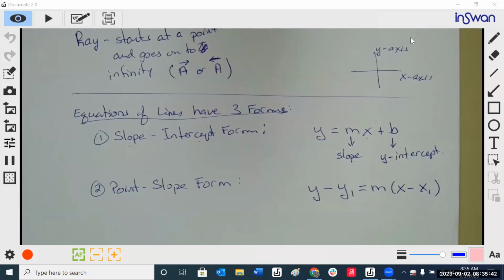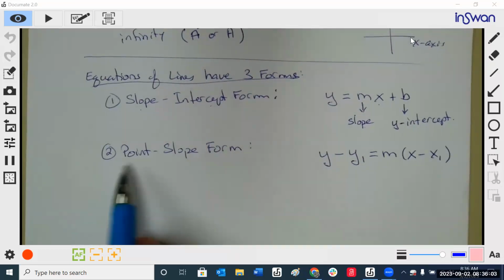Y minus y1 equals m times x minus x1. Now, why is that called a point slope form? Nope, we'll get to that. But yeah, b's built in there.